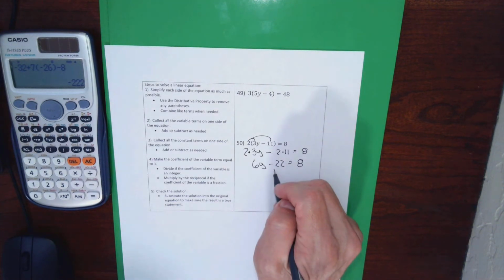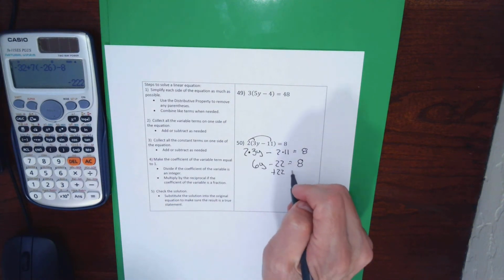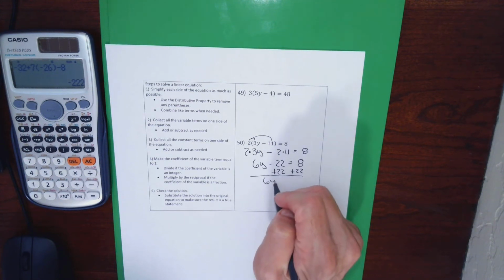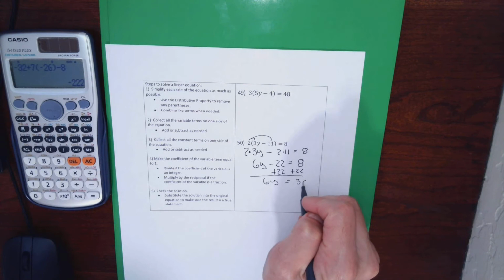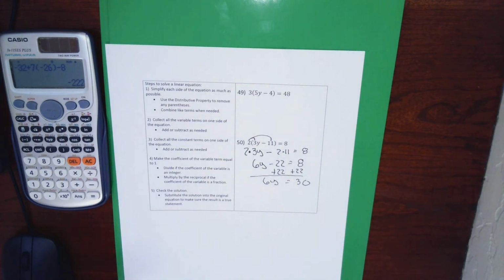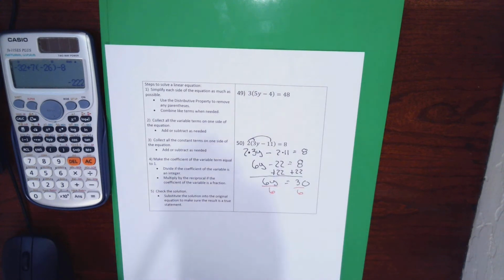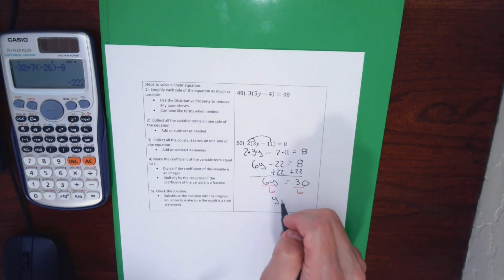I'm going to add 22 to both sides and get 6y equals 30. And then divide by 6, divide by 6. I get what I believe is the right answer, which is y equals 5.